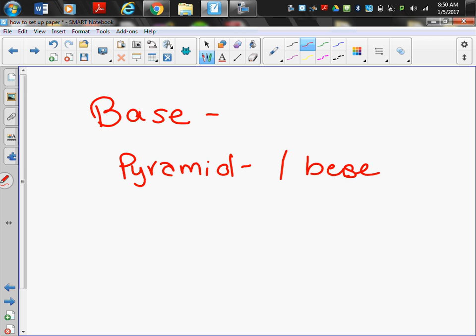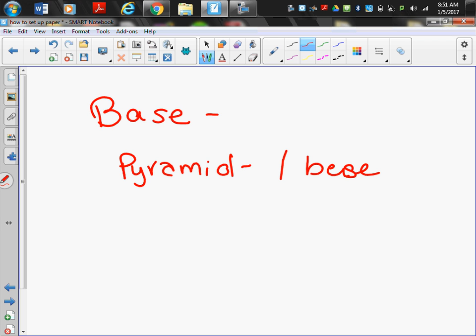You get the name from the shape of the base. So if it is a square with triangles around it, it would be a square pyramid. If it's a rectangle with triangles around it, it's a rectangular pyramid, and so on and so on.